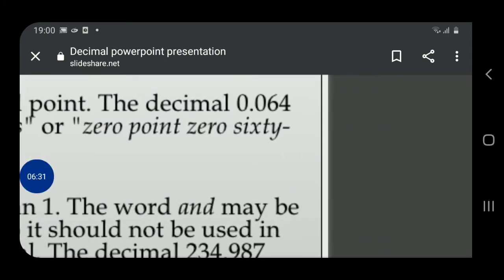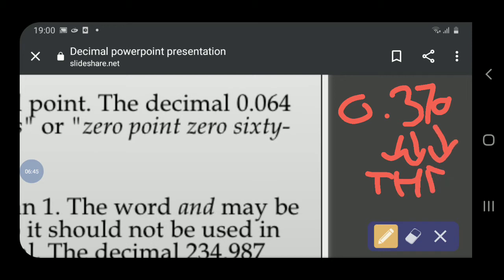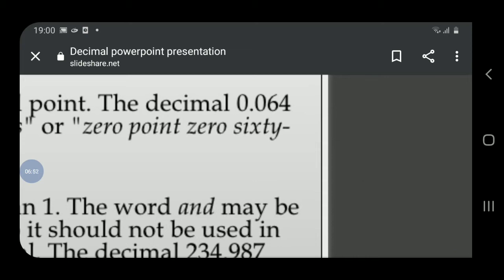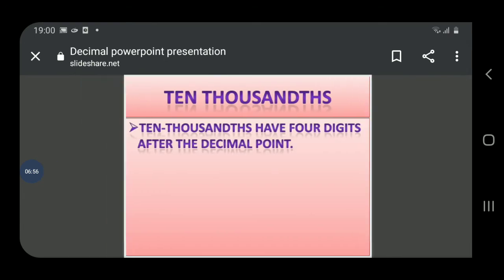At this point I will show you 0.370. Now this is the tenths place, this is the hundredths place, and this is the thousandths place. Yes, now it's thousandths. Sorry for the disruption in between.